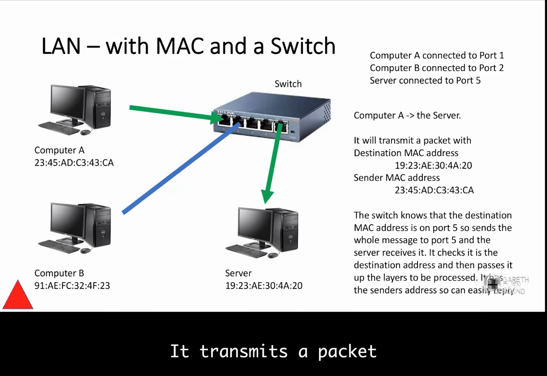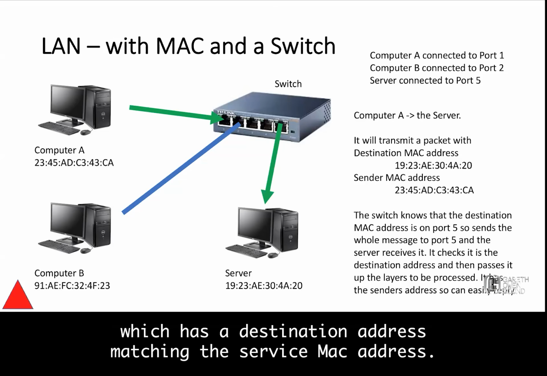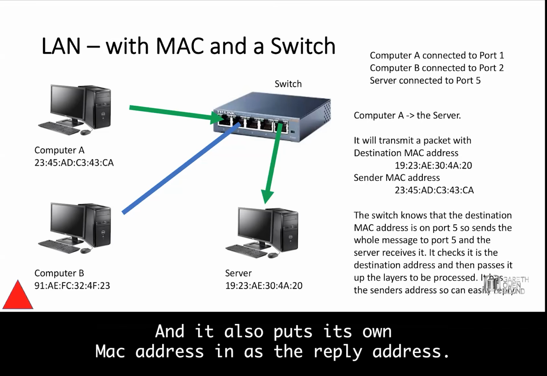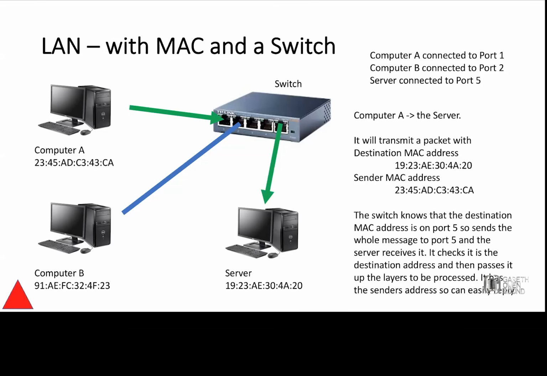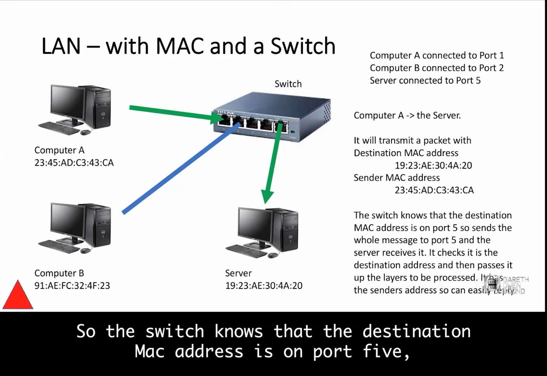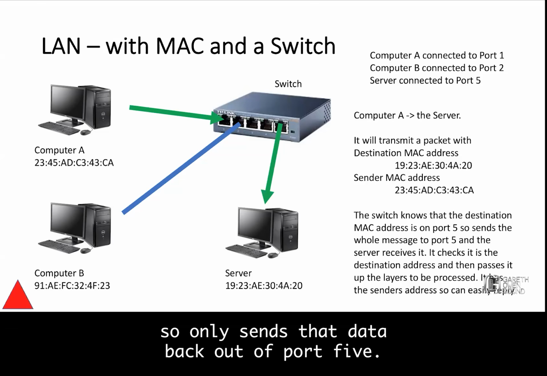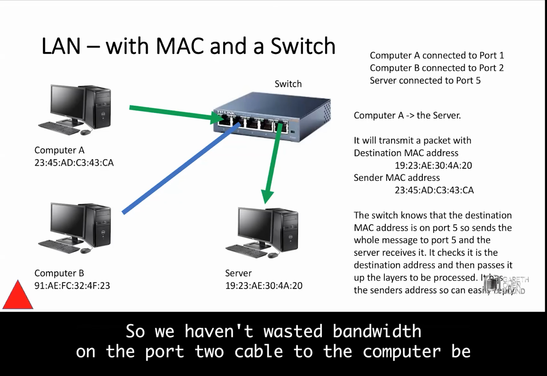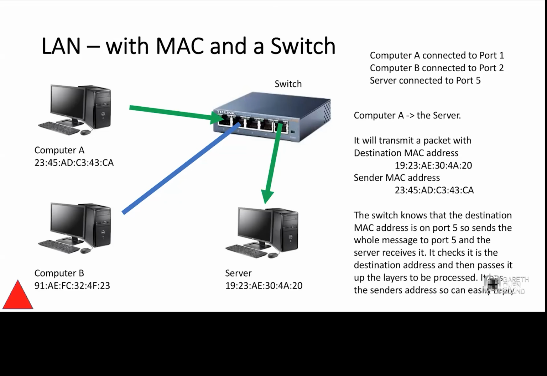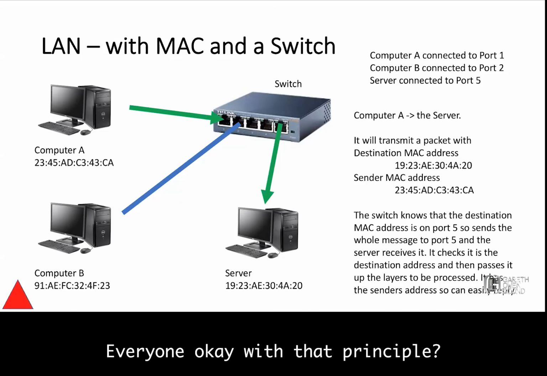It transmits a packet which has a destination address matching the server's MAC address, and it also puts its own MAC address in as the reply address. So the switch knows that the destination MAC address is on port 5, so only sends that data out of port 5. We haven't wasted bandwidth on the port 2 cable to computer B. Everyone okay with that principle?